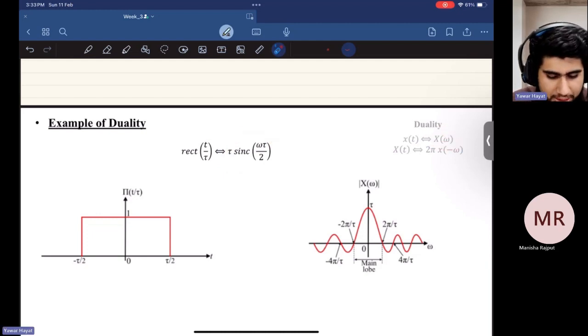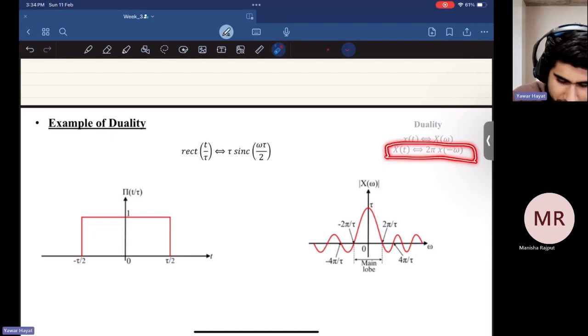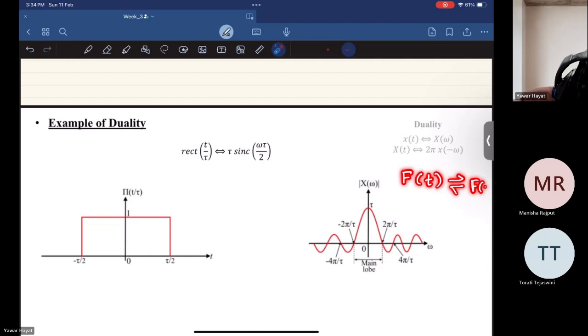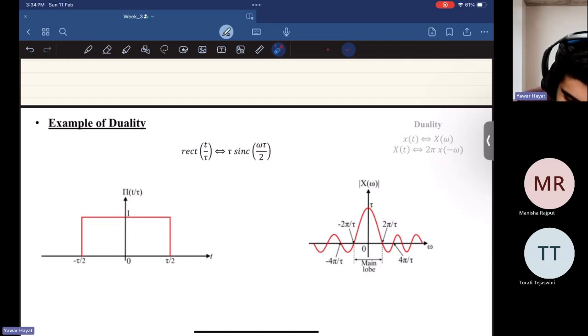This would be a homework. You can let me know the answer in the comments. What would be the exact expression of this one? In other words, I want you to find this f of t using the duality.